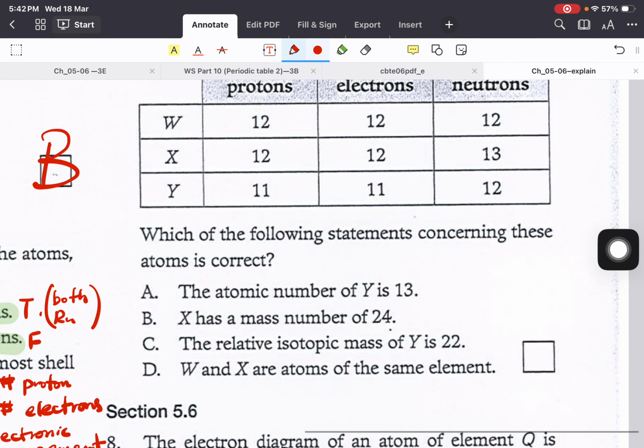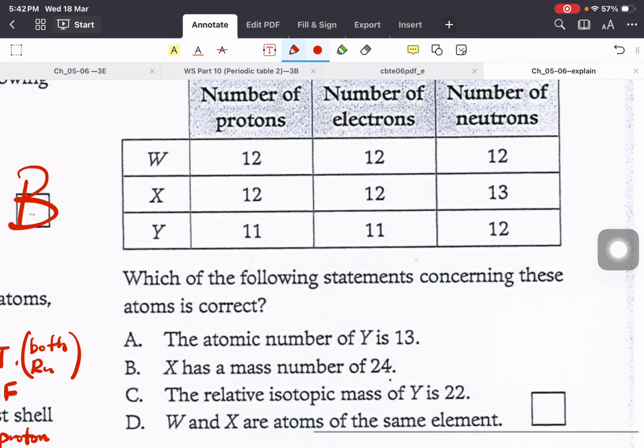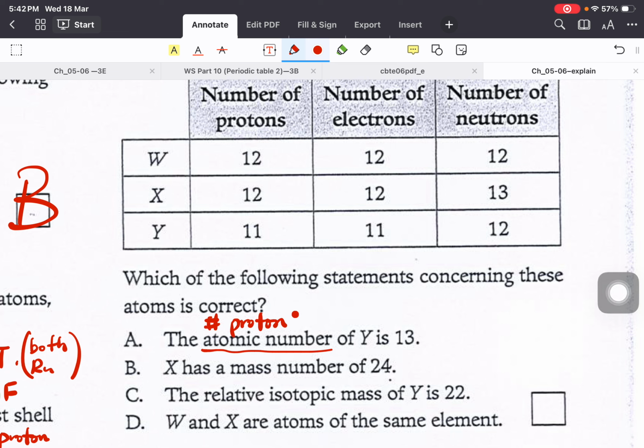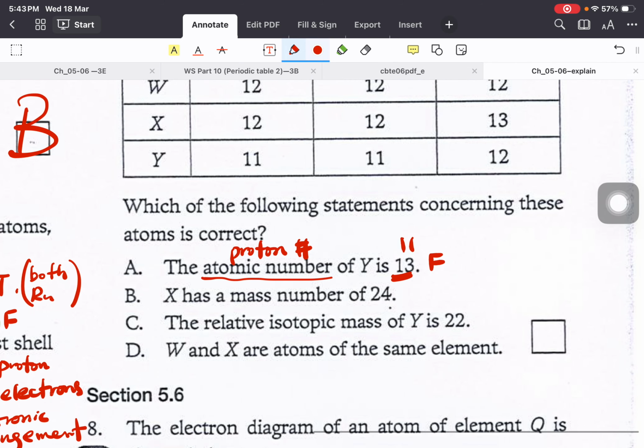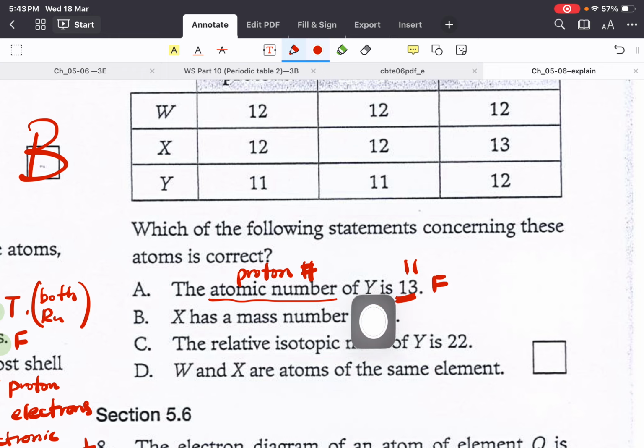Okay, number 7. The number of subatomic particles in atoms W, X, Y is tabulated below like this. Which of the following statements concerning these atoms is correct? Atomic number of Y is 13. Atomic number of Y equals the number of protons, or proton number. So that should be 11. Y should be 11. So this is F. And X has a mass number of 24.